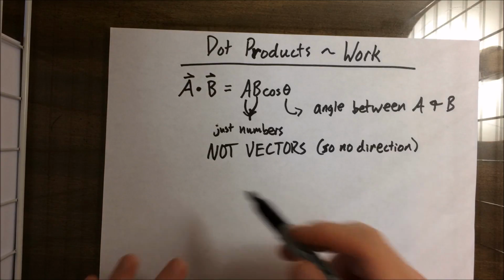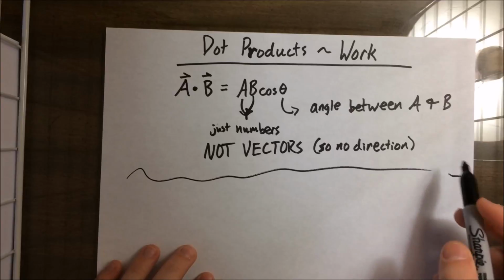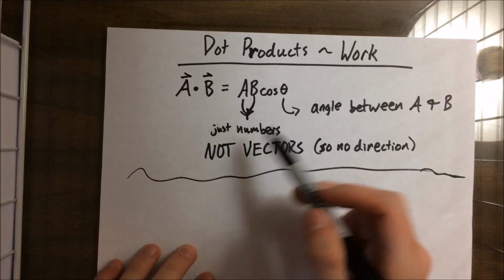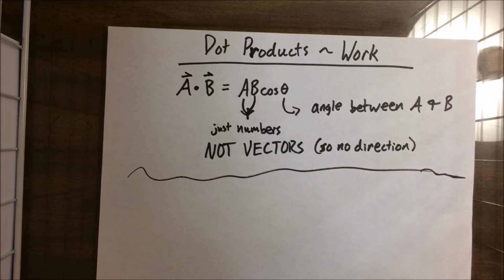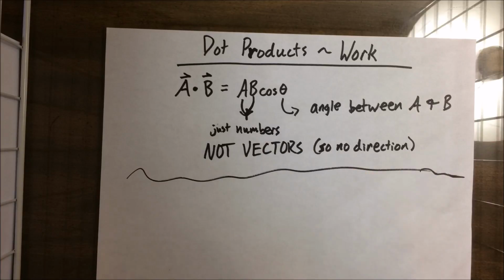Okay, so that's why you're not allowed. So this allows us to multiply the number value of like how fast they're going, with complete disregard to the direction. Okay, and then the theta helps us with the direction.